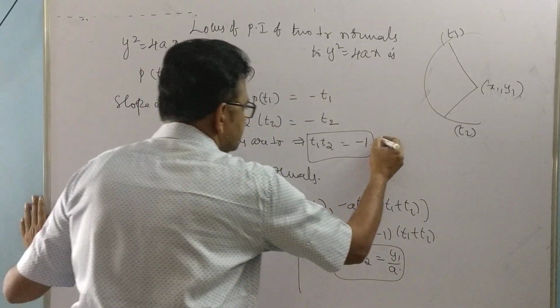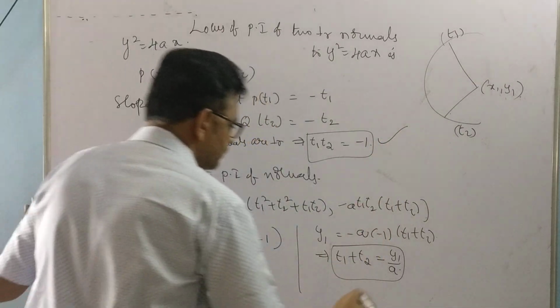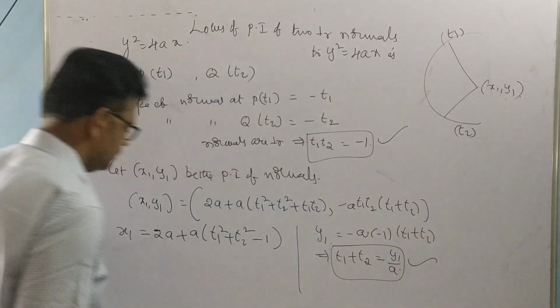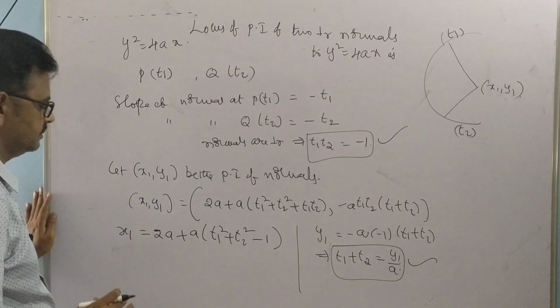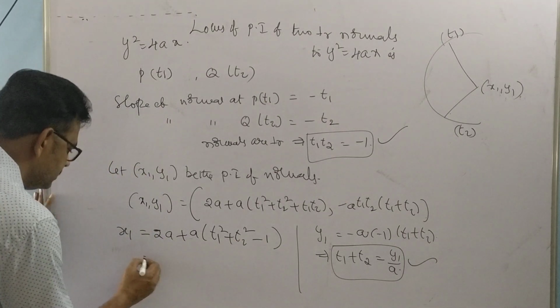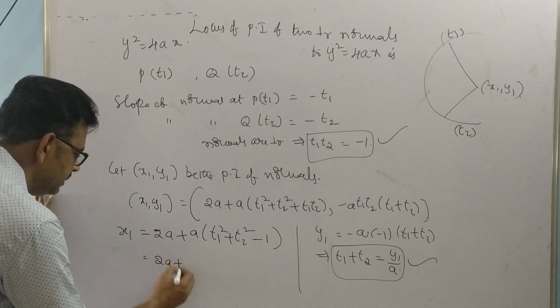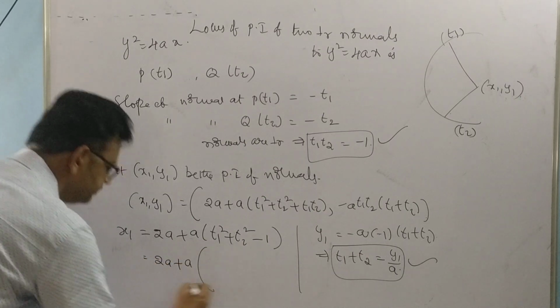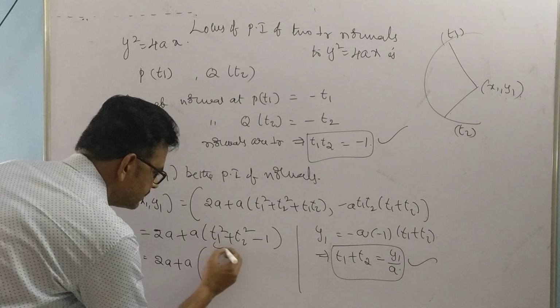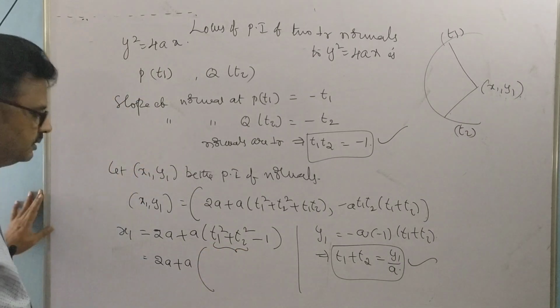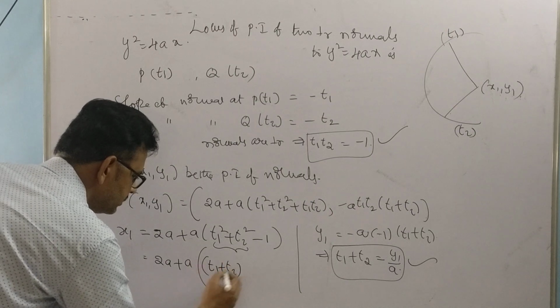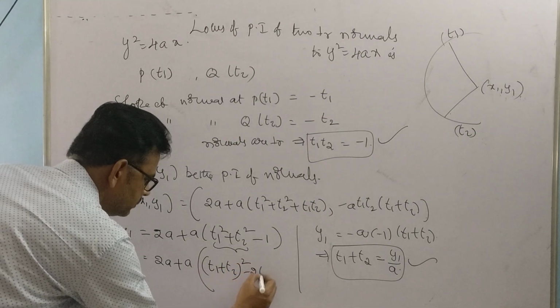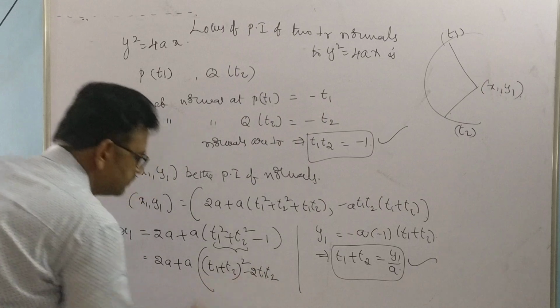Now t1 t2 is minus 1, t1 plus t2 is y1 by a, so by eliminating t1 and t2 you get the locus. This is equal to 2a plus a into t1 plus t2 whole square minus 2 t1 t2.